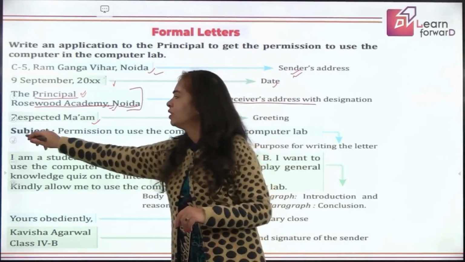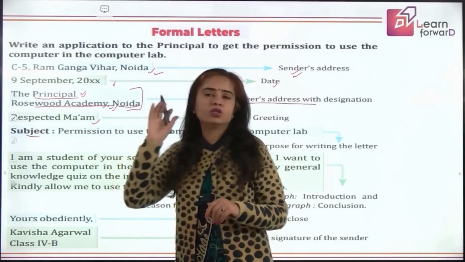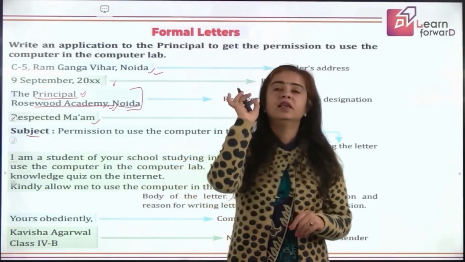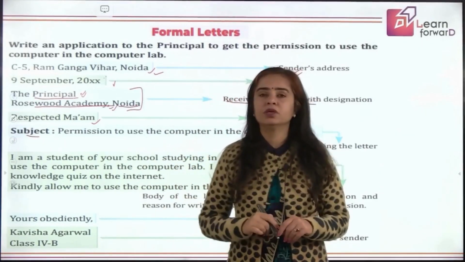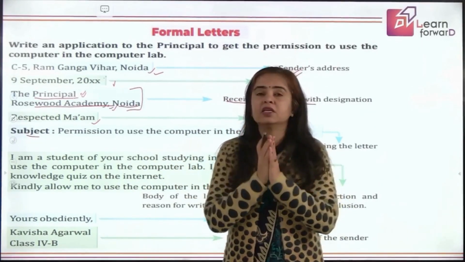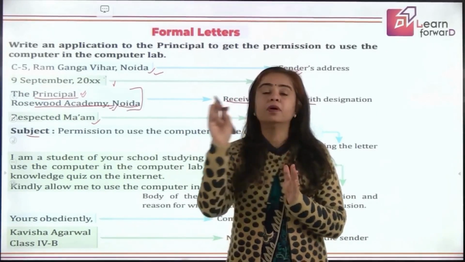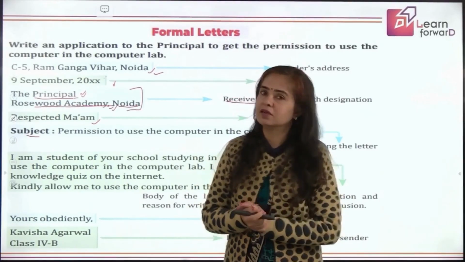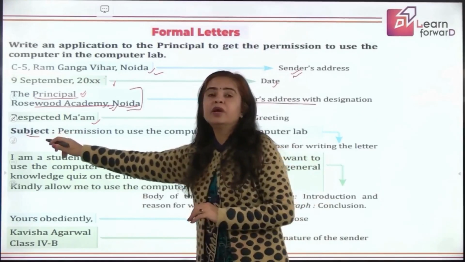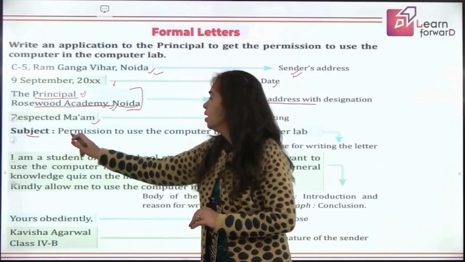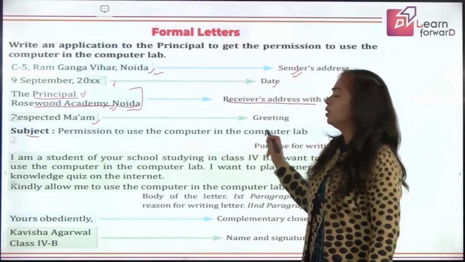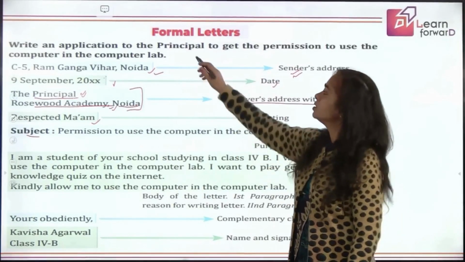Now, after that, you write the subject because you have to be very precise about what is to be pointed out in the letter. So, this letter should immediately tell the purpose of your writing it, right? So, in the subject, you write the purpose. What is the purpose? Permission to use the computer in computer lab. This is given here.